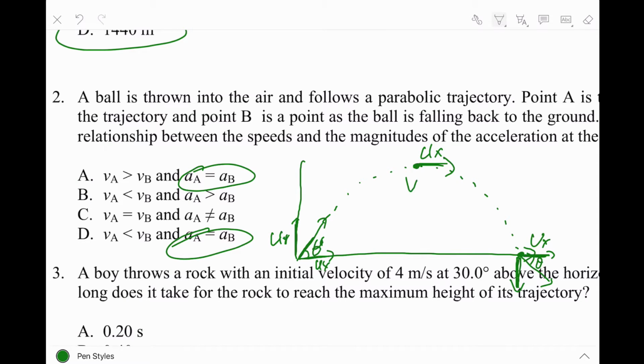This is your VA. This is B. If you compare A and B, apparently they have the same horizontal velocity. But B has a vertical component. So the magnitude of B will be bigger, of course, than A. So the answer is D.